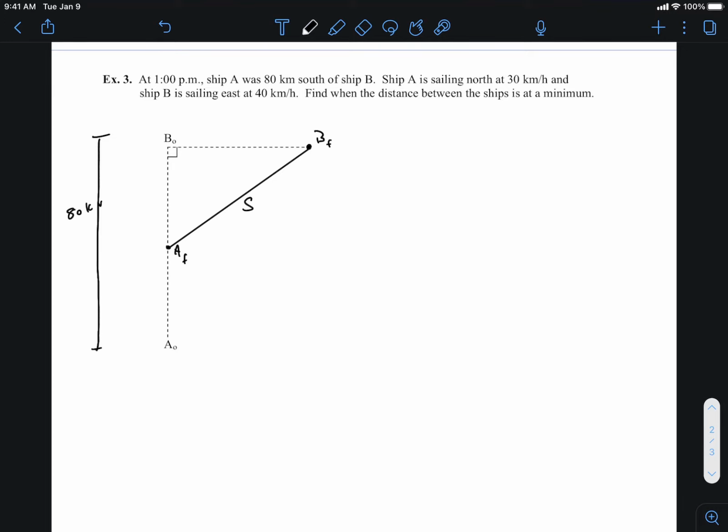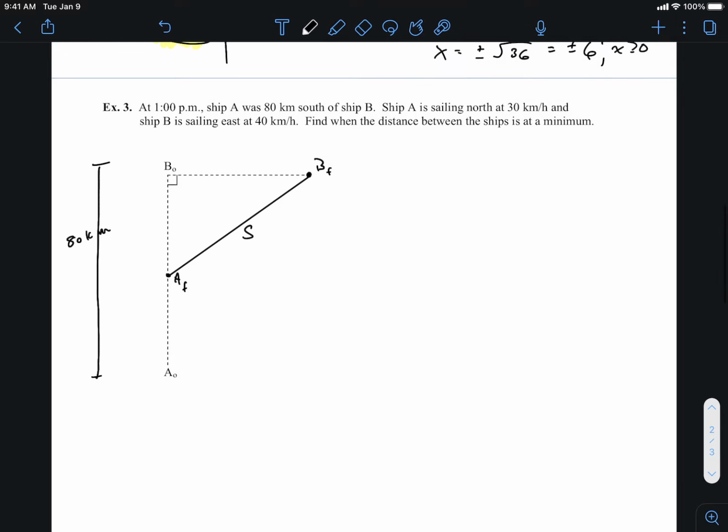80 kilometers apart. Now, we also are told how fast each of the two ships are moving. If you remember, this is just a quick reminder, we know that speed is distance over time.